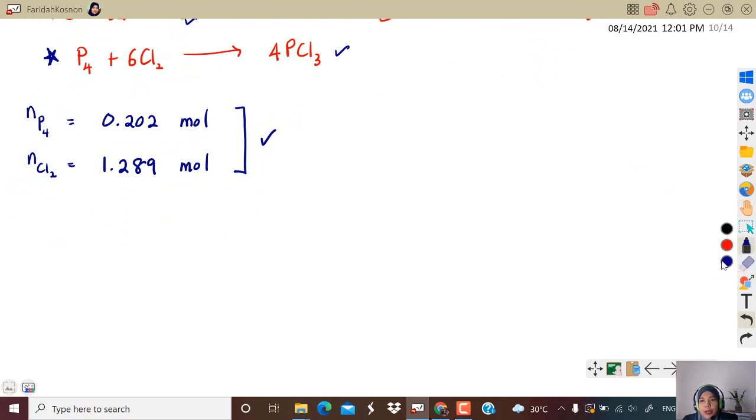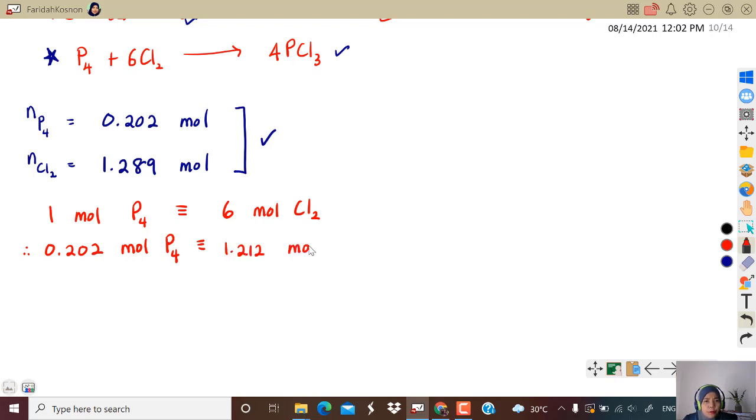Okay, let's say I start with phosphorus P4, 1 mole P4. Nak guna ayat boleh, nak guna perkadaran macam ni pun boleh. Needs 6 mole chlorine gas. Okay, if I have 0.202 mole phosphorus, saya dah kira ni, saya perlukan lebih kurang 1.212 mole of chlorine.